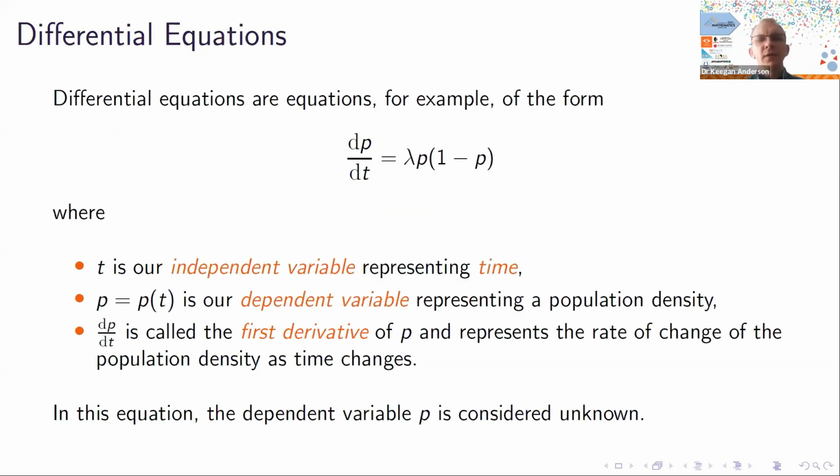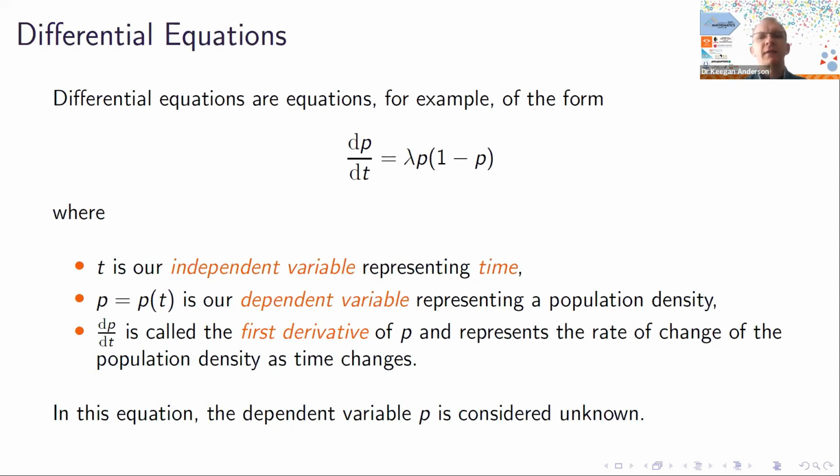And the way we talk about these systems, like I said, is by the use of differential equations, of which I've given an example equation here. In this equation, t represents an independent variable, which refers to the physical quantity of time.